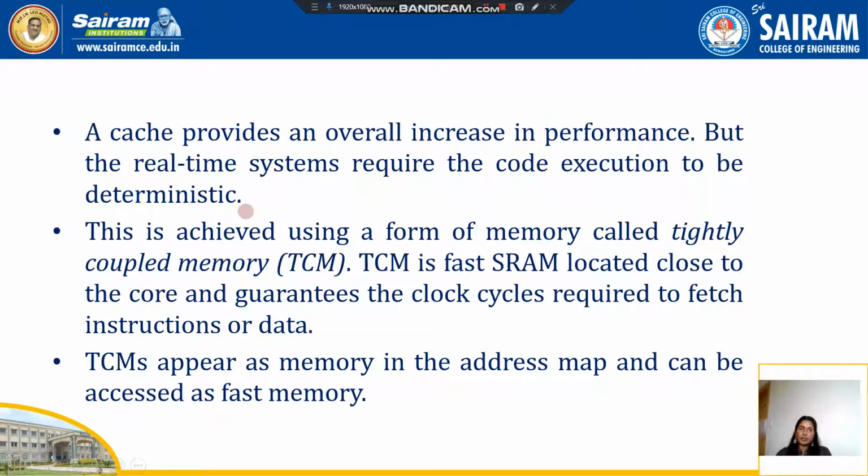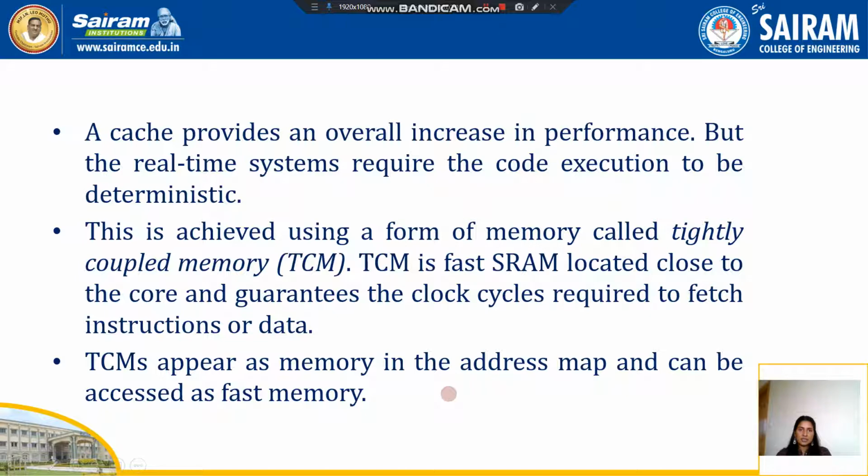This cache memory provides an overall increase in performance, but a real-time system needs the core execution to be deterministic. That means the loading and execution of code should be predictable for real-time applications. To achieve this, there is a special memory called tightly coupled memory.